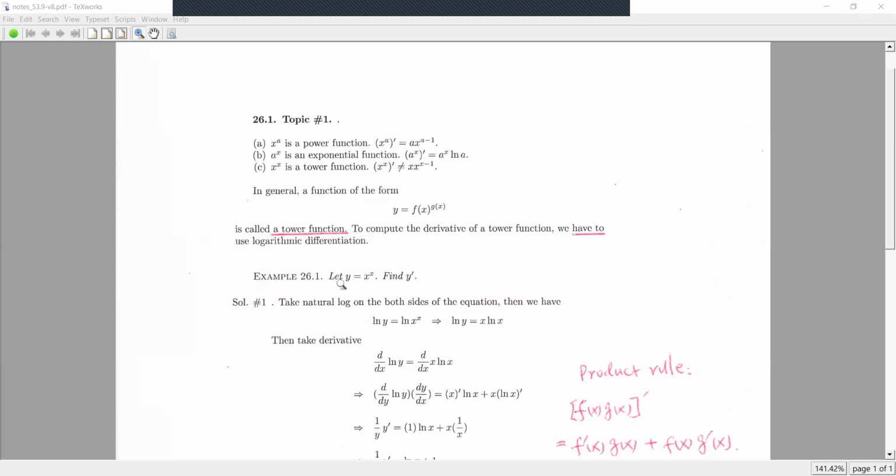I take natural log on both sides. Then I have this equation. Natural log reduces a power to a product, the power times natural log. So I can bring down the power x to the front to get this equation.